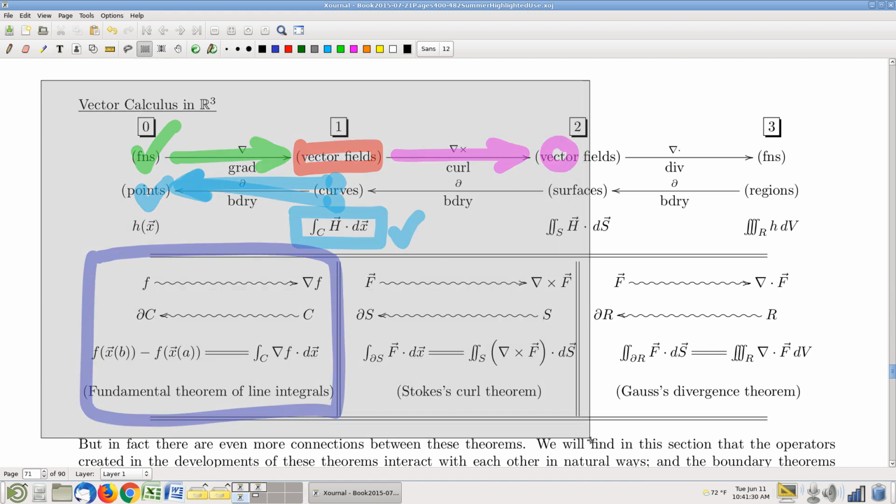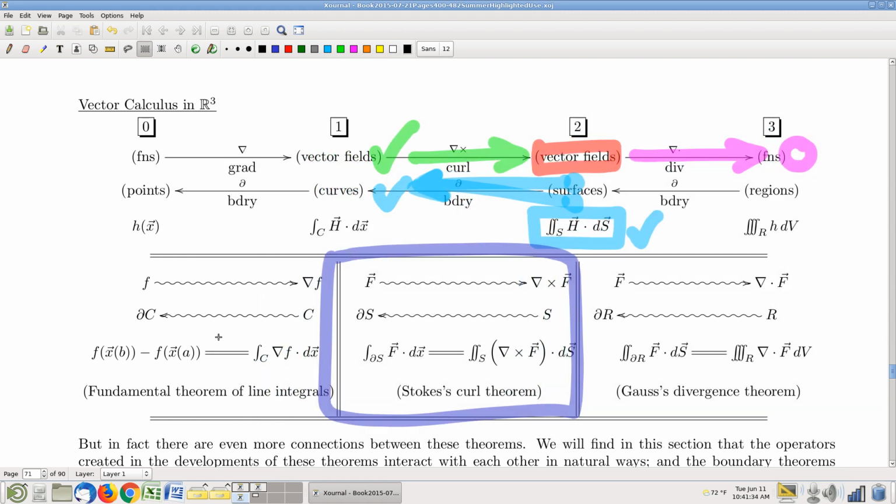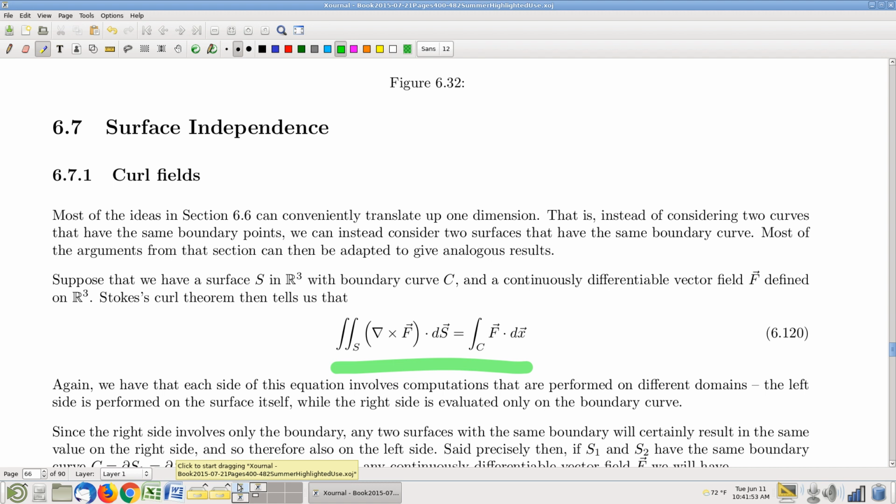Okay, so we are going to start our discussion of surface independence by looking at Stokes' curl theorem, as the diagram kind of suggests, and notice the same kind of pattern. Okay, right. So there it is, Stokes' curl theorem.